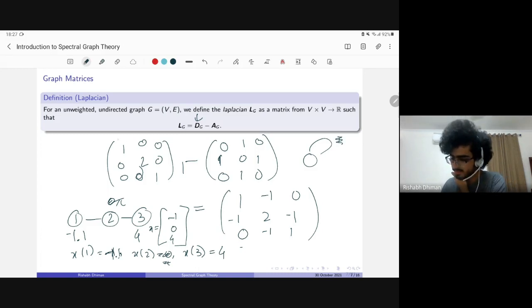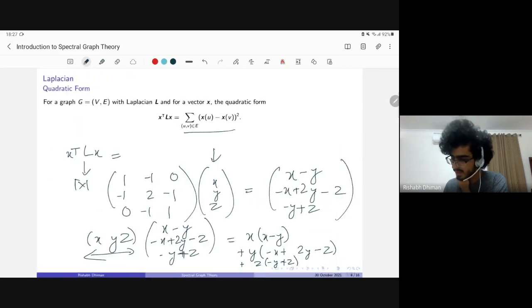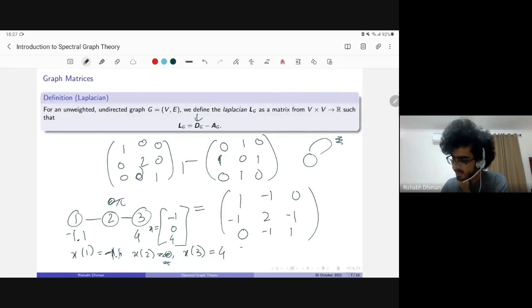And the diagonal will then contain the degrees. And in the Laplacian, for all the non-diagonal values, for some position uv, this is -1 if you have an edge uv, and 0 if you don't have the edge.